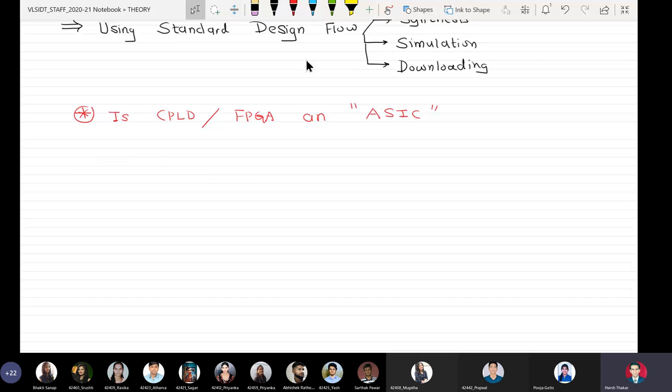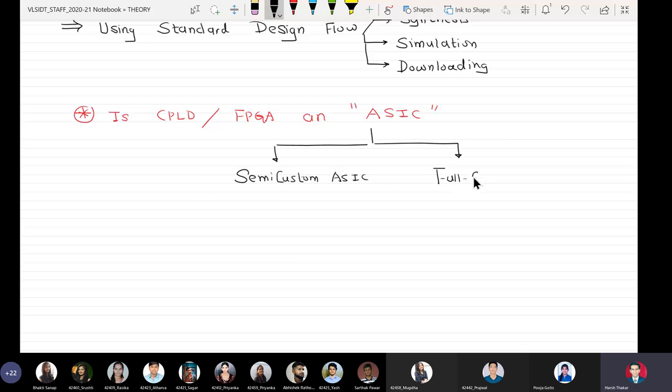So if a question is asked, is CPLD or FPGA an ASIC? Now ASICs are of two types. One is called a semi-custom ASIC. A second is called a full custom ASIC.